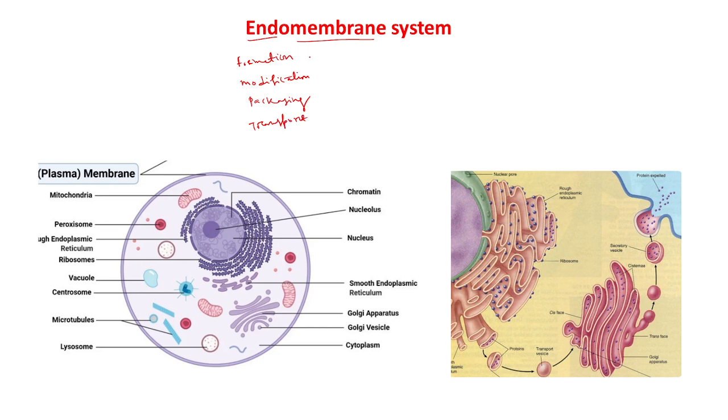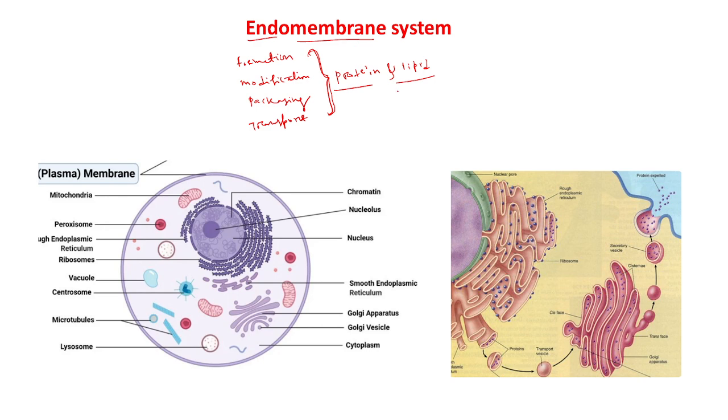That means a system is present inside the membrane which is responsible for the formation, modification, packaging, and transport of protein and lipid. It is a system coordinated for these tasks.